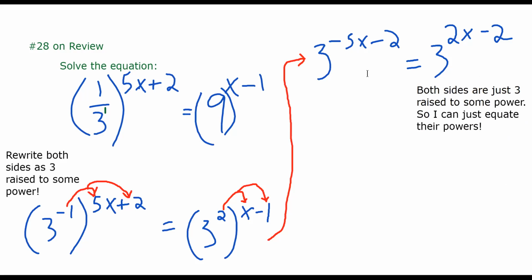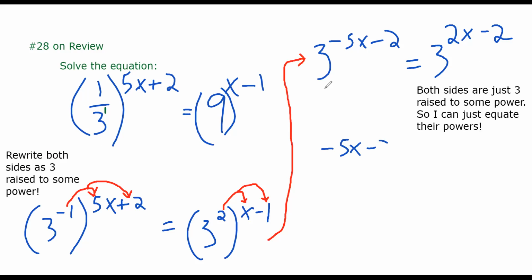Because think about it, whatever x value you plug in here, whatever the solution is, it needs to be so that this exponent and this exponent are the same, so that it's just 3 being raised to a power equals 3 being raised to that exact same power. So this was the cute little trick we did in chapter 4. That's why I endeavored to rewrite all this as a base of 3 problem. So I can just equate their powers now.